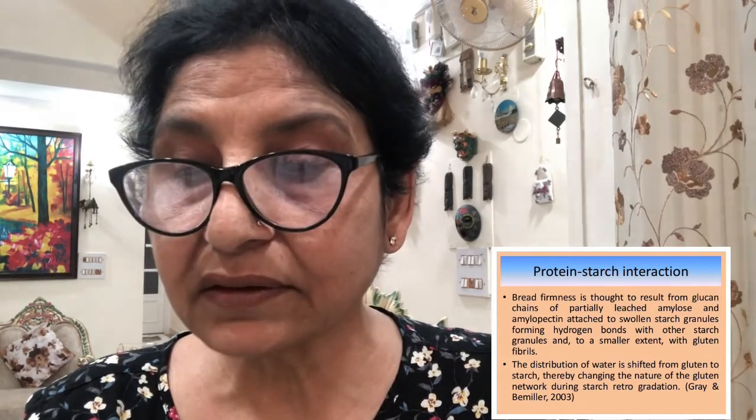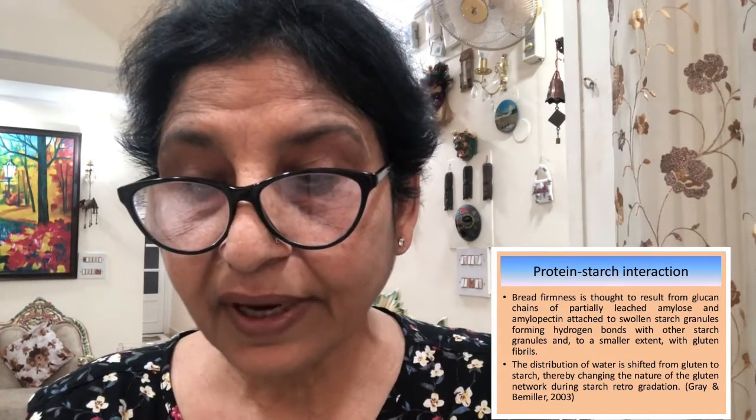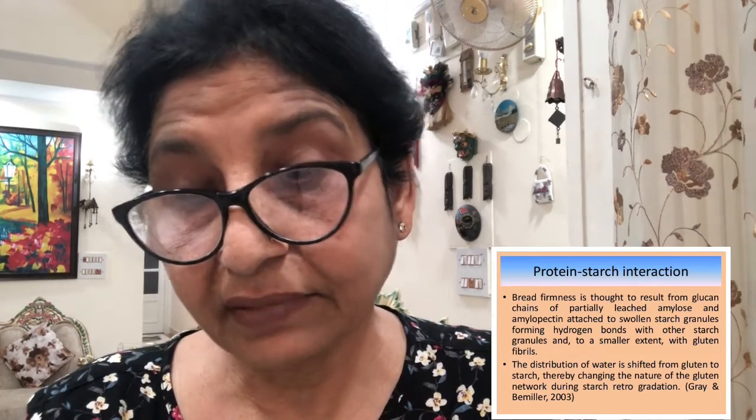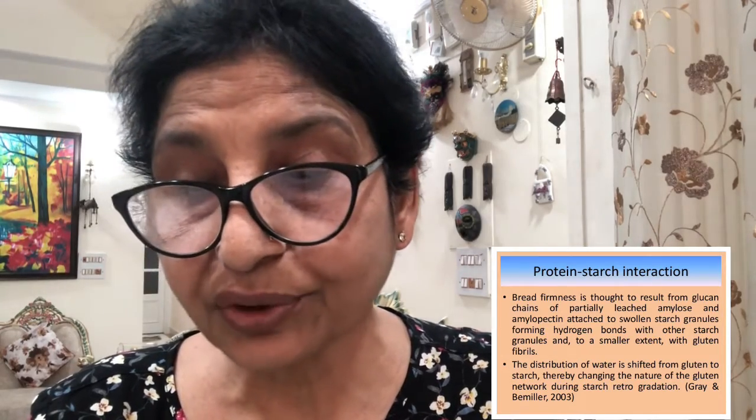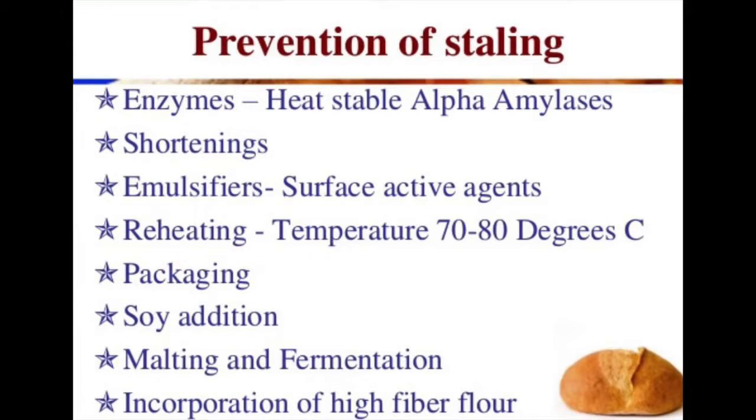This aggregation of amylopectin is less firm than that involved in the retrogradation of amylose, and this can be reversed by warming. If you slightly warm the bread at 50 degrees centigrade, you can reverse this.